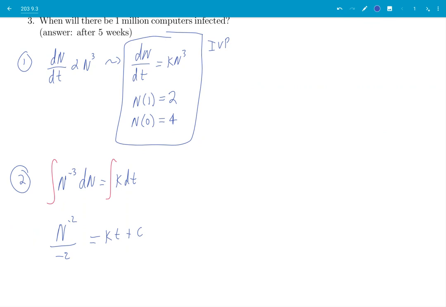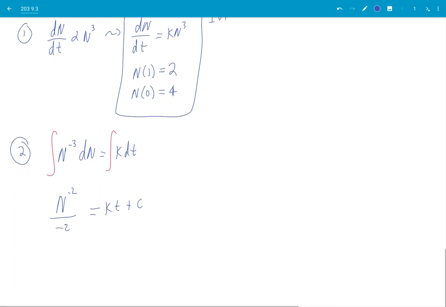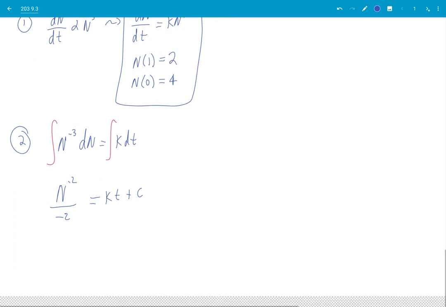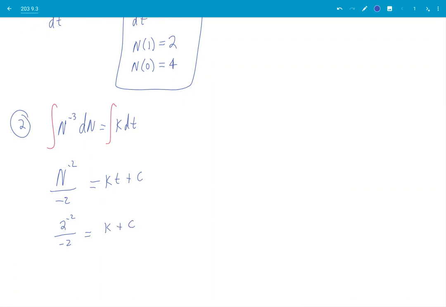Now, using my initial conditions, I write down 2 equations. So 2 to the negative 2 over negative 2 is equal to, this is when t is 1, so k plus c. That's using this equation.